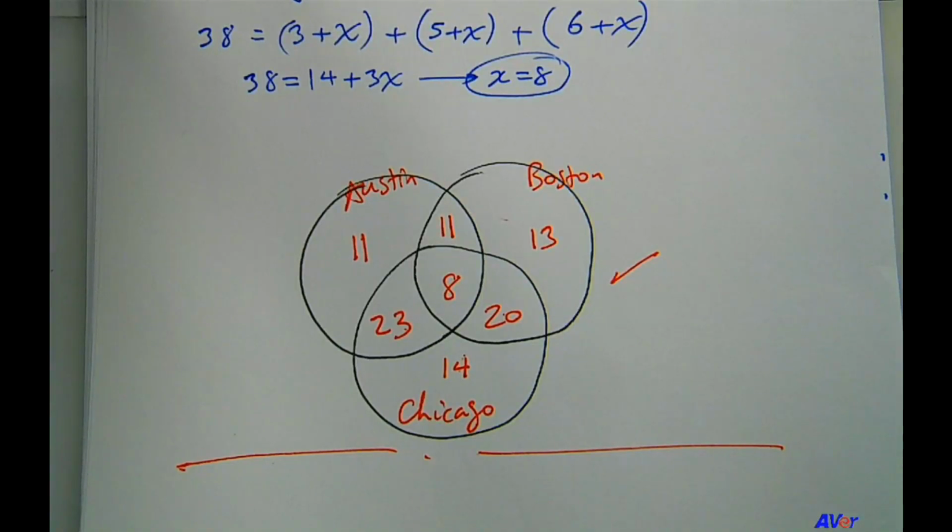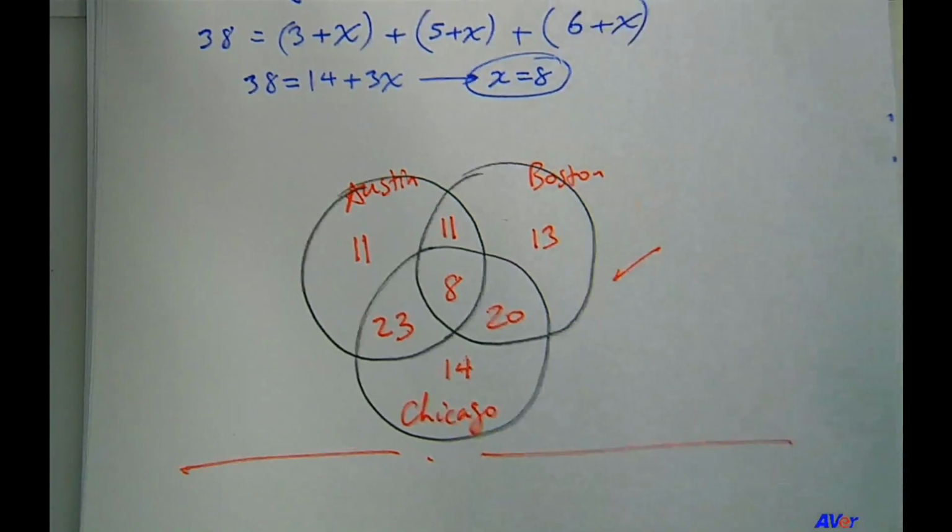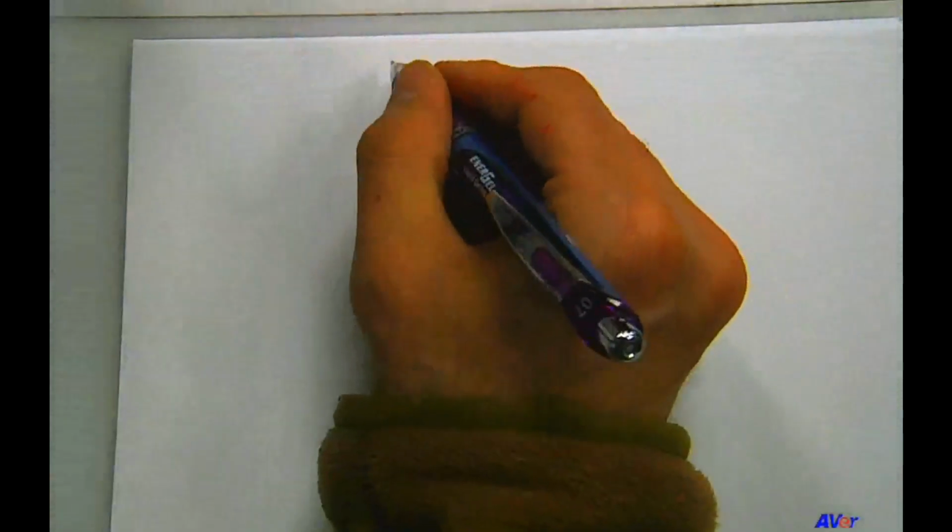Okay, so let's move to section 7.3, the multiplication principle. This principle is everywhere in probability calculations, and it's got its own section. So that's how important it is.